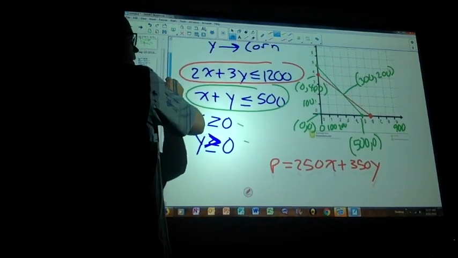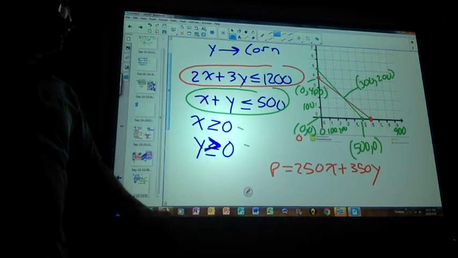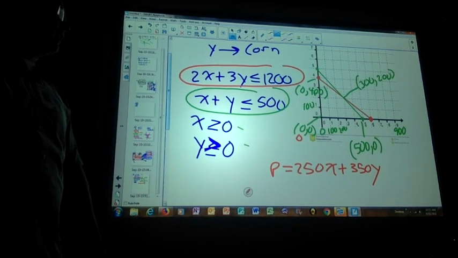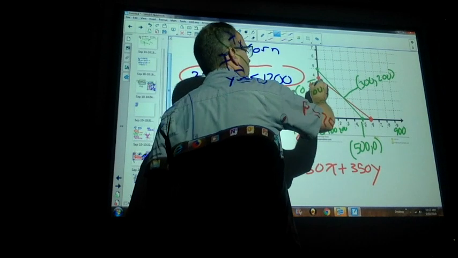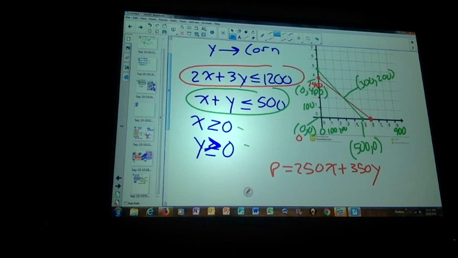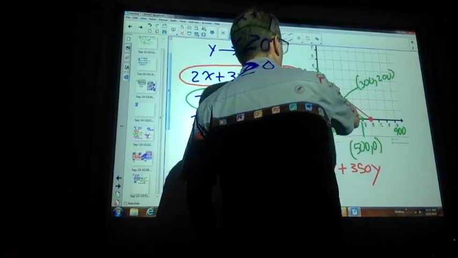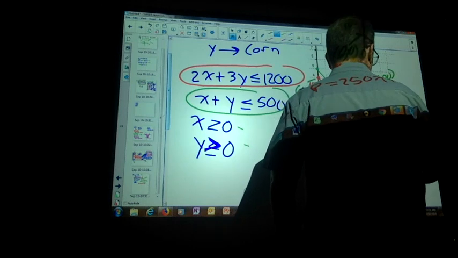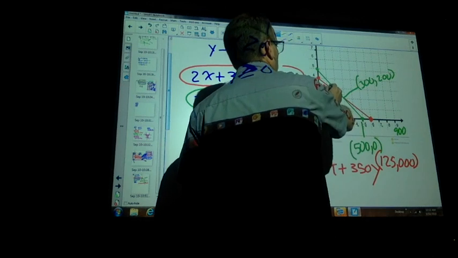So that's going to give me 0. 500 times 250 is 125,000. A little bit better value than that. This one gives me 1400 times 350, that's 140,000 done.